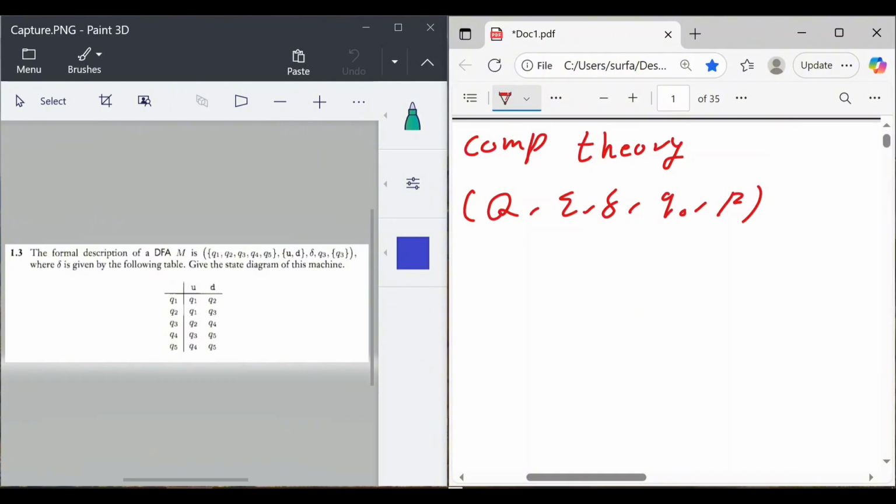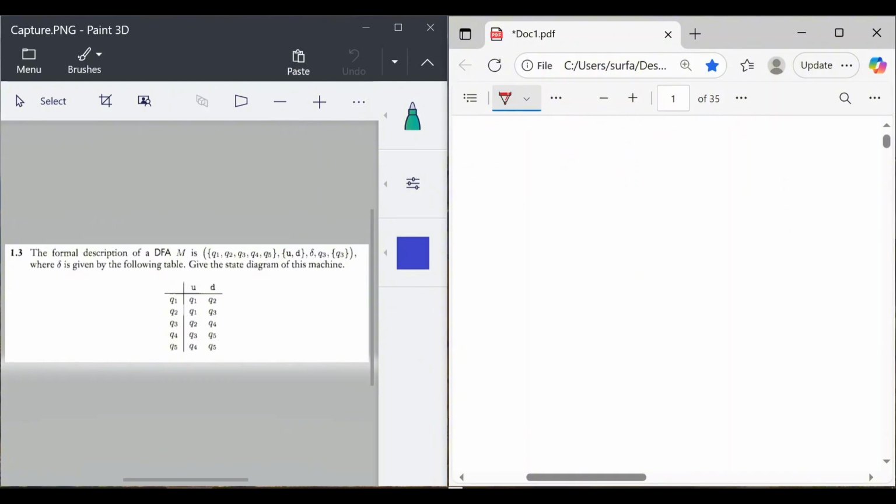Let's draw the diagram. So as you can see, our start state is Q3, so we have an arrow like this, Q3, and also our accept state is Q3, so we have to draw this like this.